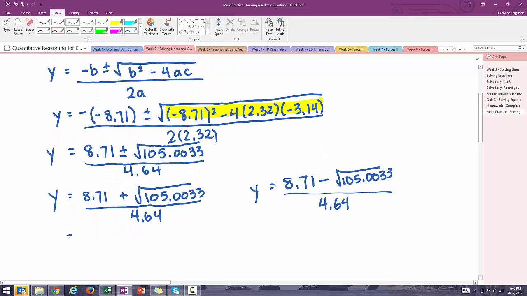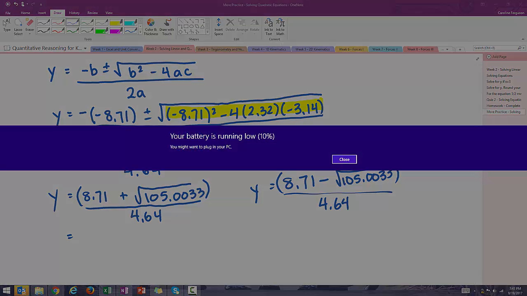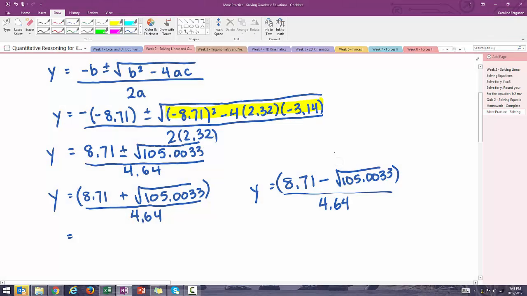The easiest way to do this is to put a bracket on the top when I'm typing for both cases. Depends on your calculator. Sometimes you need the bracket, sometimes you don't. So if you want to be safe, let's just put it in. So we're going to put bracket 8.71 plus square root 105.0033.